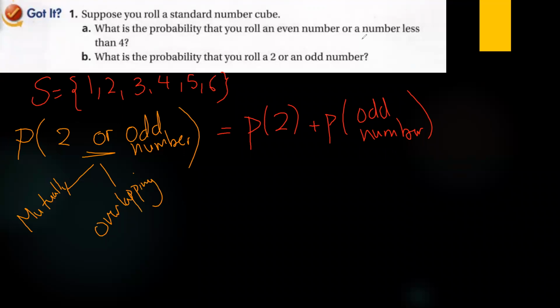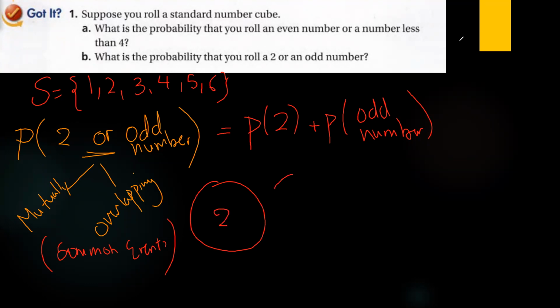How can I know if it is mutually or overlapping? By searching for common events. I mean, is there a number that is odd and 2 at the same time? Put a circle that contains number 2 and a circle that has the odd numbers. What are the odd numbers? 1, 3, or 5.